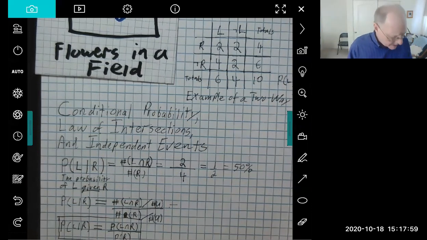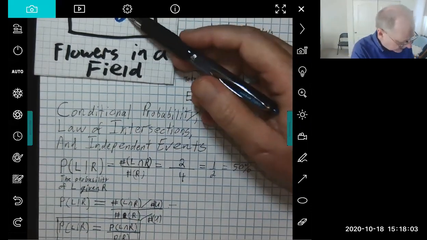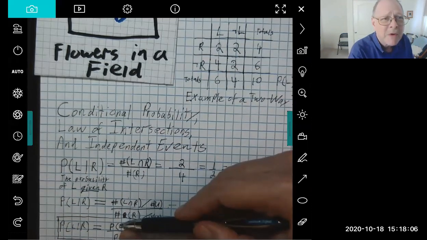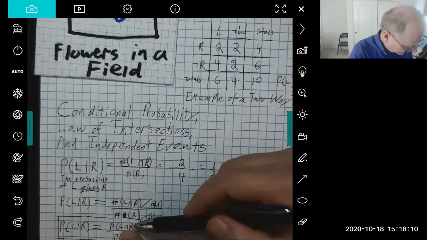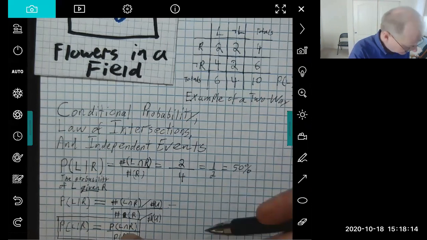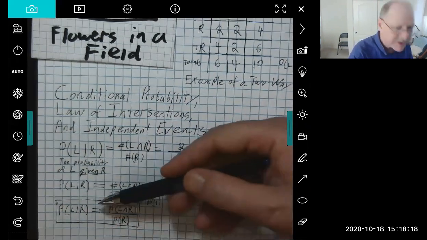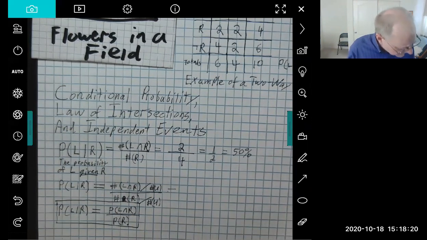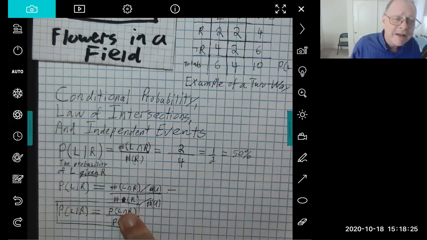So why would I want to do that? Well, I might not know how many flowers there are. I just know what percent of all the flowers are large red. Maybe I just know the probability. I don't know the actual number of flowers. But I can still do this equation. And this thing works. I talked a little bit in the last video about, well, what if it's not a finite number of flowers?